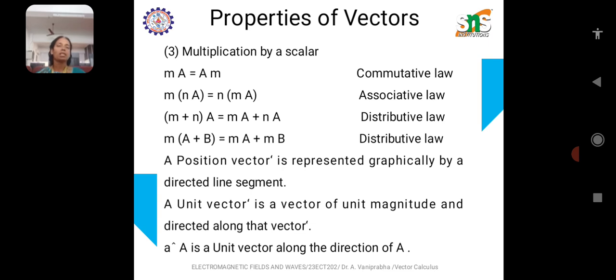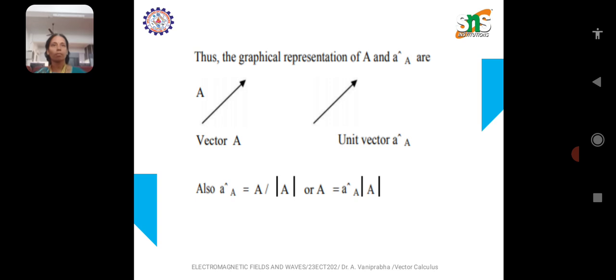A vector is represented graphically by a directed line segment. A unit vector is a vector of unit magnitude directed along that vector. So small a cap is the unit vector along the direction of A. So this is the graphical representation of vector A. You may represent it as vector A or unit vector A. Both the representations are right.